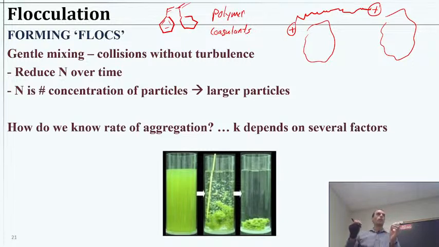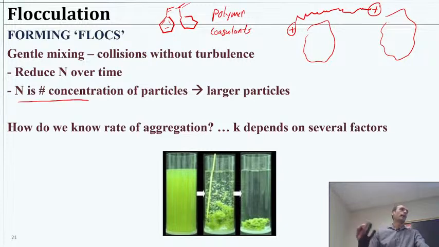And to do that, we need to take particles, let's say 1 particle here, 1 particle here, 1 particle here. If those 3 stick together, that makes one larger particle, and now we have fewer particles in solution. So we're going to reduce n. This is the number concentration of particles.